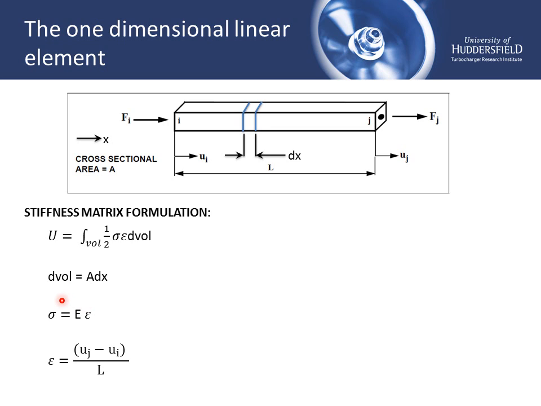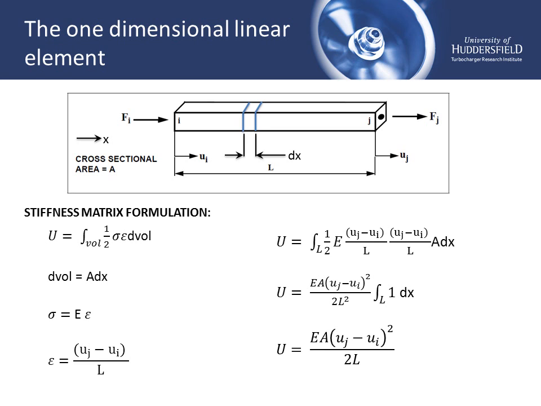It's a one-dimensional problem, so stress is equal to Young's modulus times strain, and because we are only defining the displacements at either end of the element, the strain can simply be defined as the difference between those two displacements, which will give us a change in length divided by the original length L. So if we feed this information back into that equation, we will get a new equation for the strain energy.